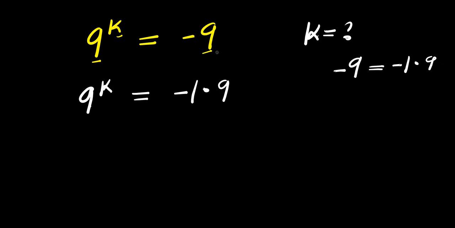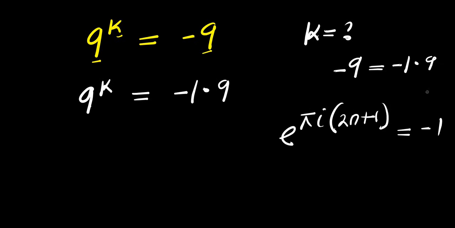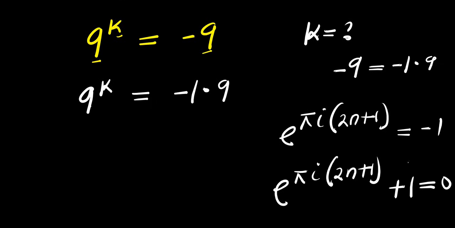But before then, consider the fact that e to the power of pi times I in bracket 2n plus 1 equals negative 1. Meaning e power pi times I times 2n plus 1 equals negative 1.